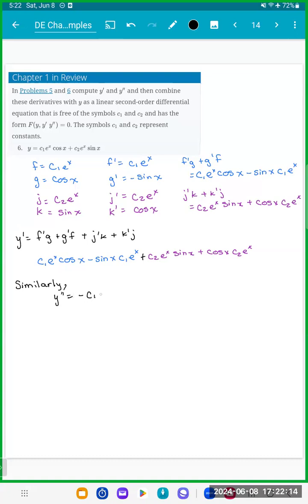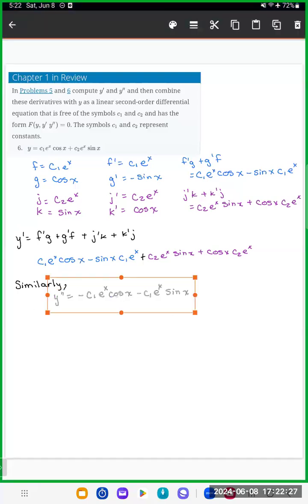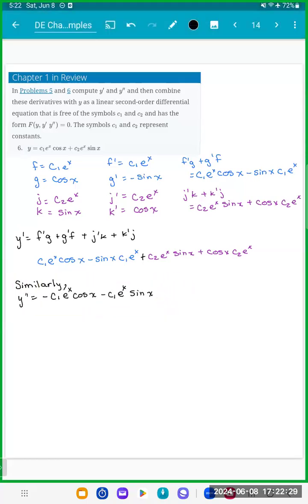Negative c1 e to the x cosine of x minus c1 e to the x sine of x. I'm going to shift this over a little bit to make sure we have enough room. Minus c1 e to the x sine x plus c1 e to the x cosine x.